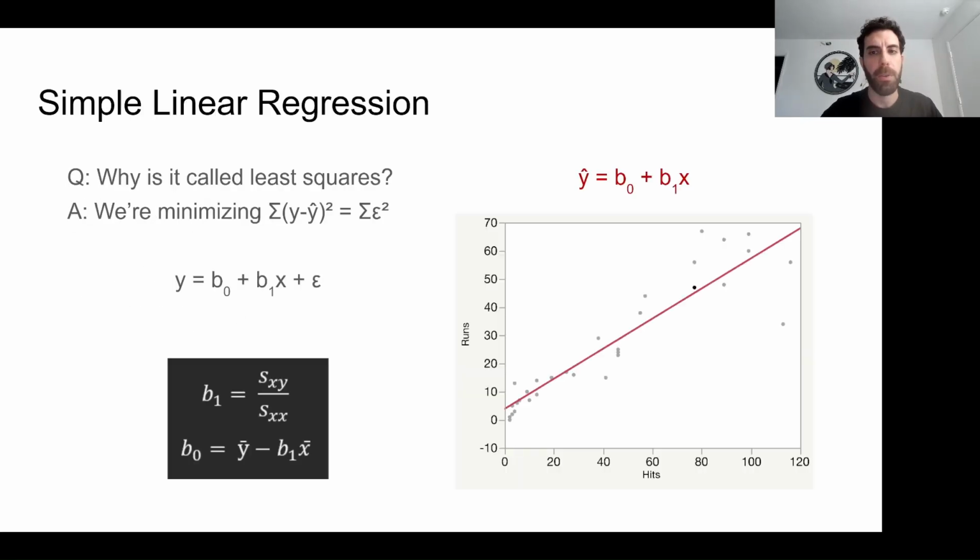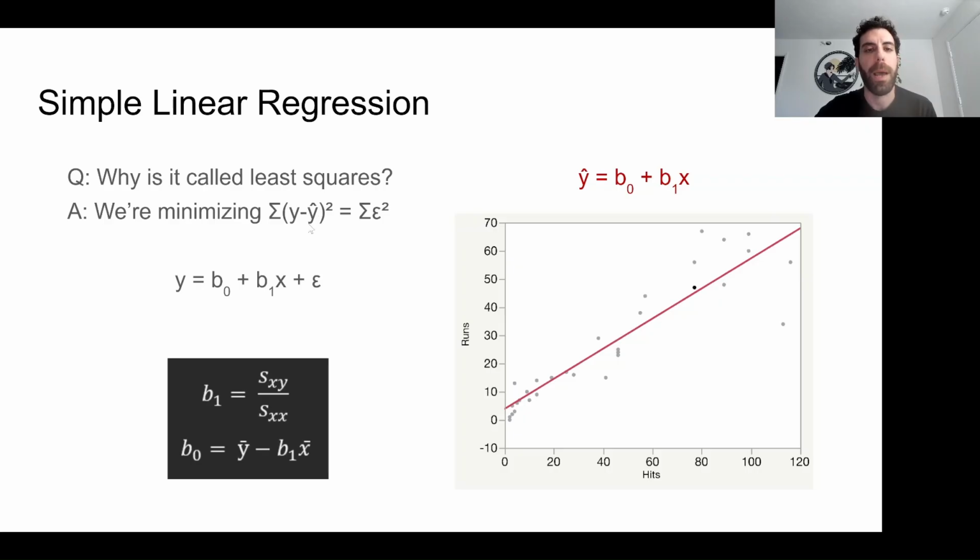So let's start by reviewing simple linear regression. We covered this many lectures ago when we talked about correlation. You might also hear some people refer to regression more generally as least squares estimation, and the reason for that is because the solutions that we're going to cover, which you see here for simple linear regression, are derived by minimizing this sum of squares.